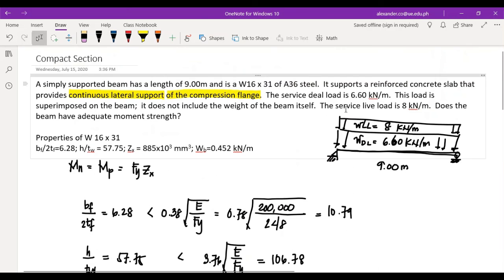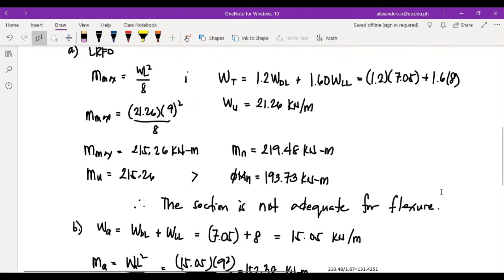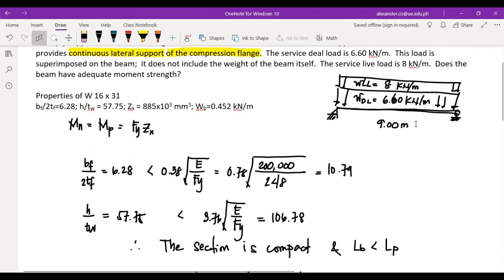If the beam is simply supported and has a uniform load. Yun lang. Other than that, hindi na pwede. Kung hindi na uniform load, triangular load, hindi na pwede. May concentrated load, hindi na pwede.